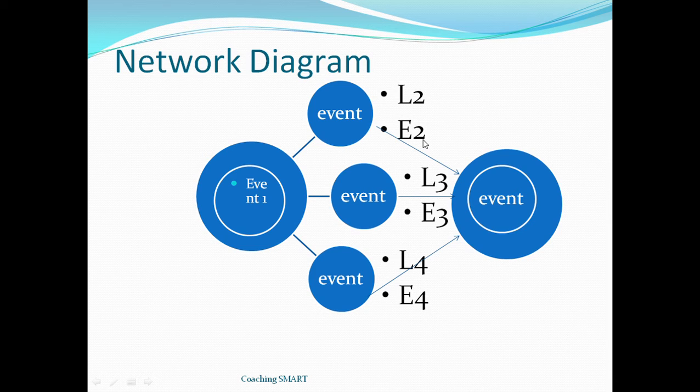E2 establishes early starting time. L symbolizes late starting time. So E2 and L2 is actually a representation of an event in the network diagram. So this is a simple diagram of how you need to come up with the project, from the starting project to the ending project.